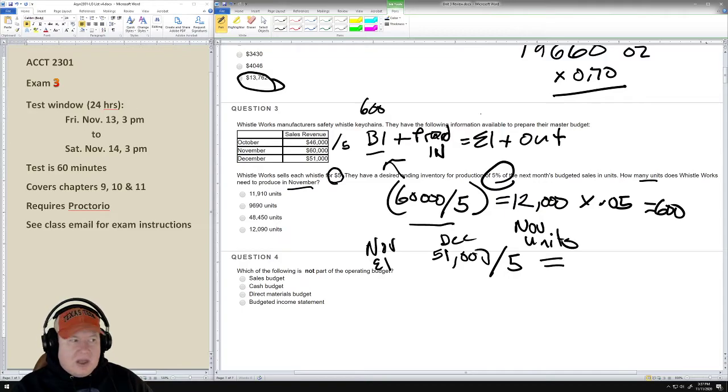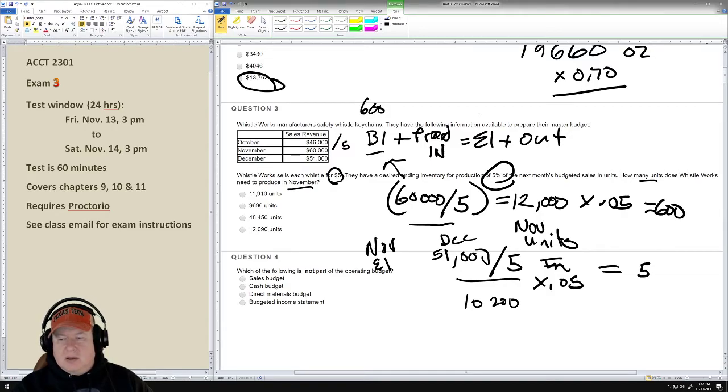And then multiply that by 0.05. And so this gives you the units. So that's going to be 10,200, I guess. Multiply it by 0.05. It's going to be 510. Okay, so our ending inventory is 510.